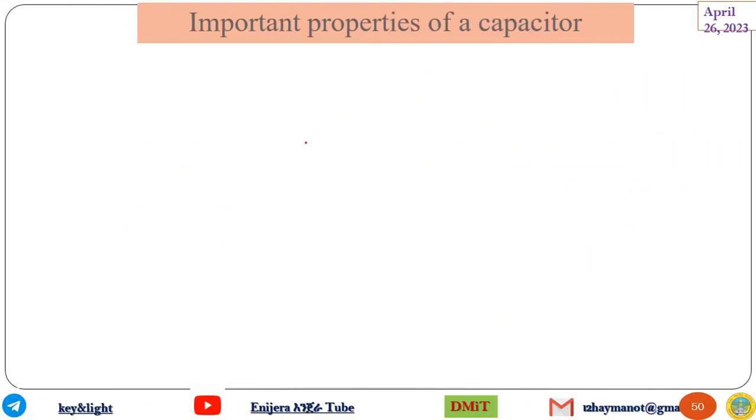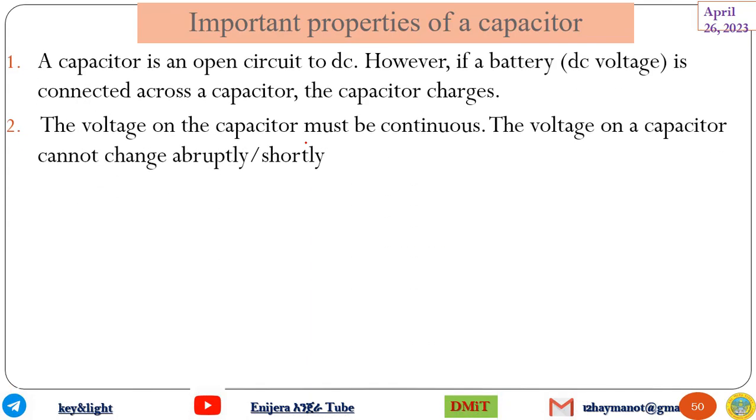There are important properties of a capacitor. The first one is a capacitor is an open circuit to DC. Don't forget, a capacitor is an open circuit to DC. If a battery DC voltage is connected to it, it charges.